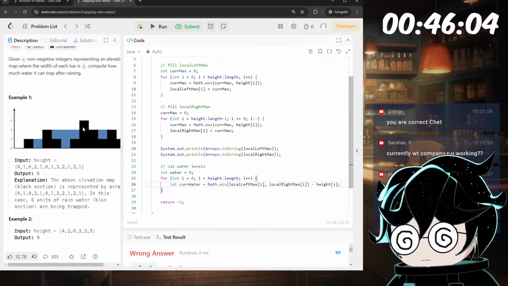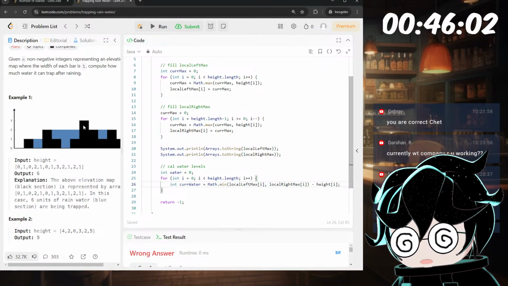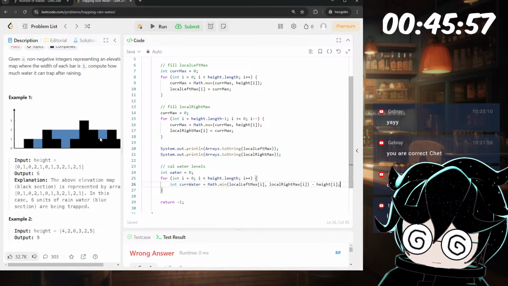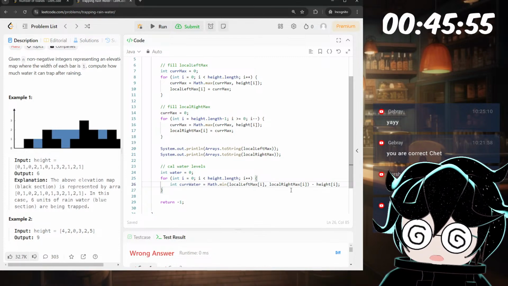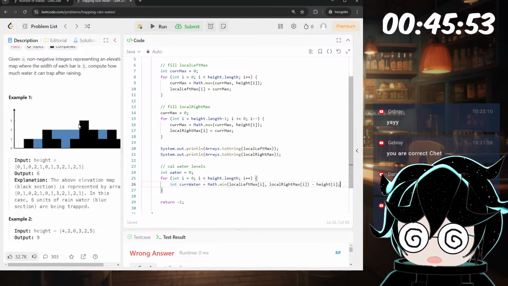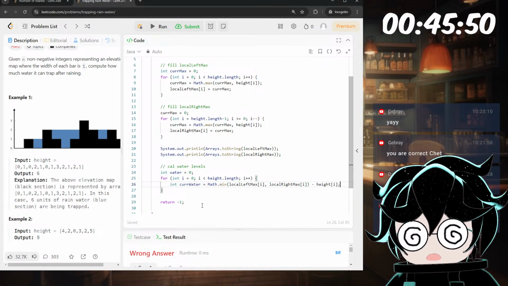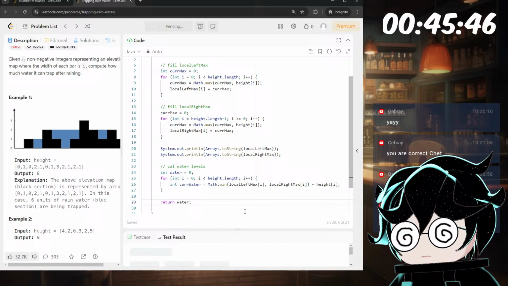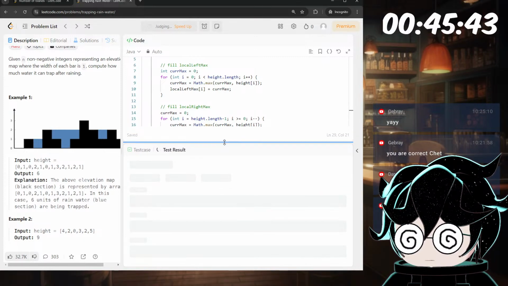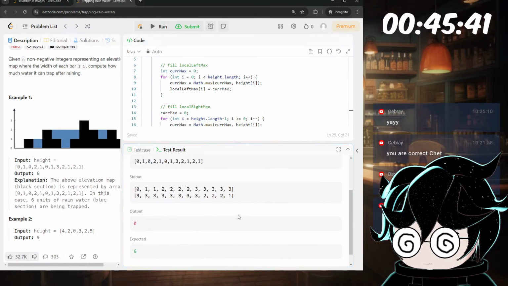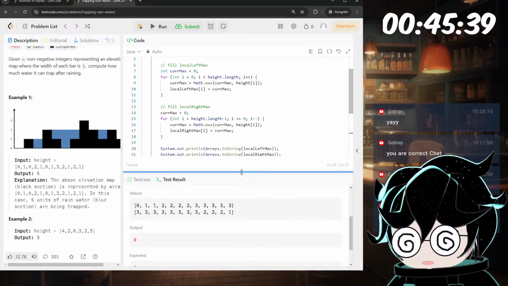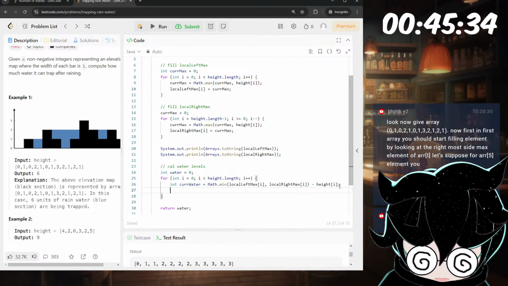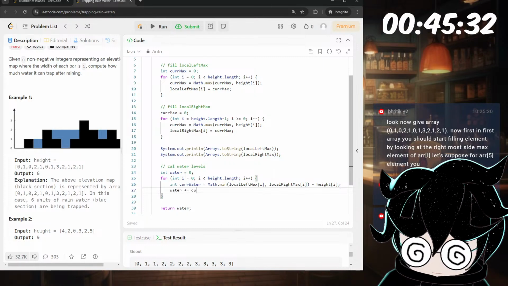Wait, it would be 3. Left and right will be 3. Min local, so it'll be 3 minus my height 3, which is 0. Okay, this makes sense to me. Return water. Run. Uh-oh. Output is 0. Oh, I never added the water. Water plus equals current water.